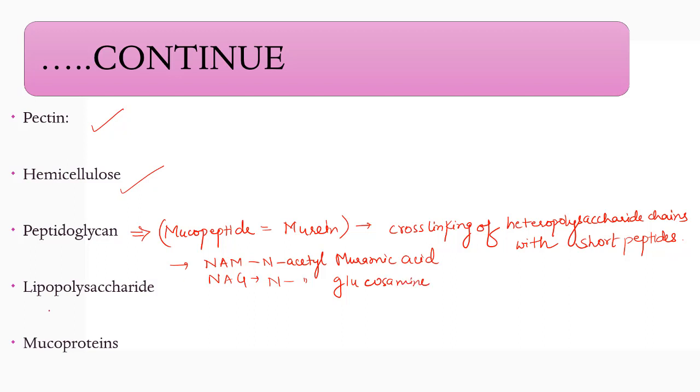Then comes lipopolysaccharides. They are basically found as the outer membrane of gram-negative bacteria. They are a mixture of lipid and polysaccharide, as the name suggests.